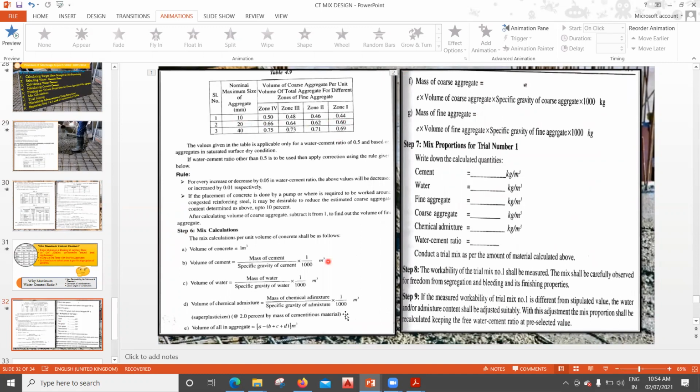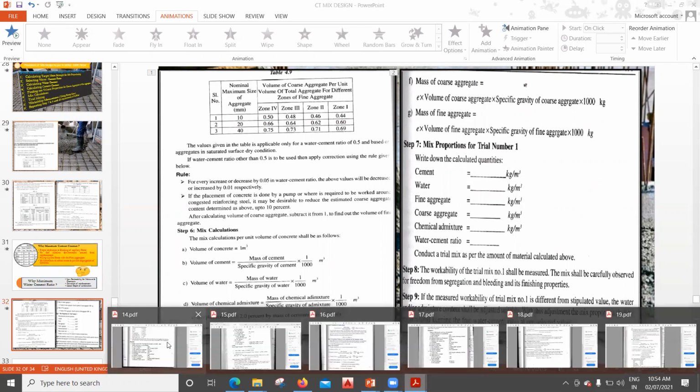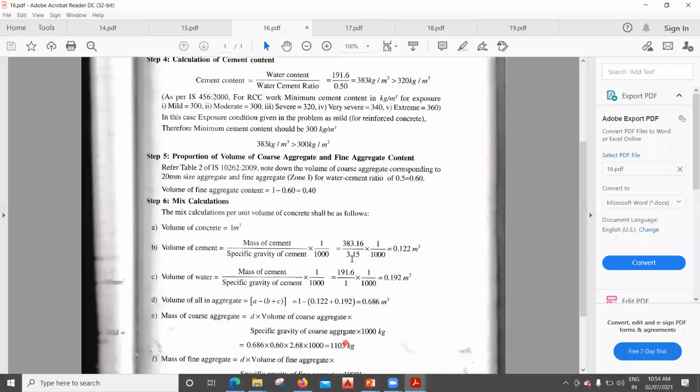And next, what we need to understand about the water cement ratio: for a water cement ratio of 0.5, we are getting a value of 0.60. The volume of fine aggregate content will be 1 minus 0.60, which comes out to be 0.40.